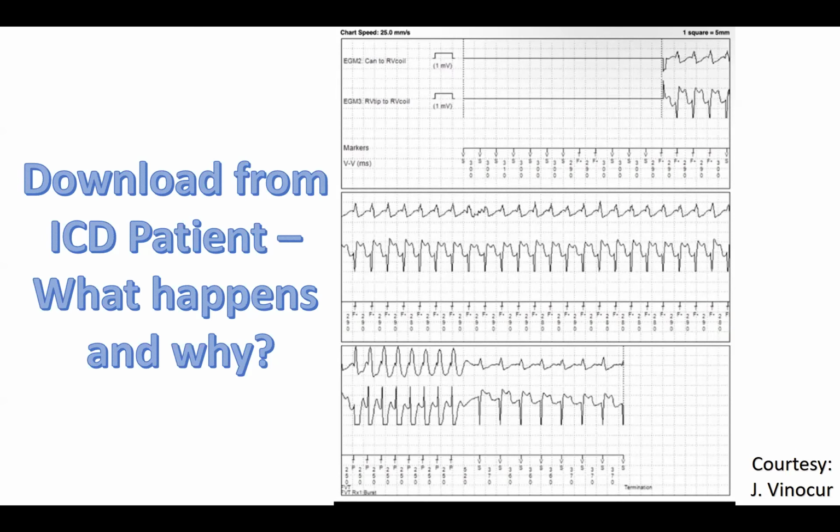It looks like 8 beats of ventricular tachycardia, which is faster than the rate before. But then you see it convert back to the usual morphology, or closer to the usual morphology that we see before.